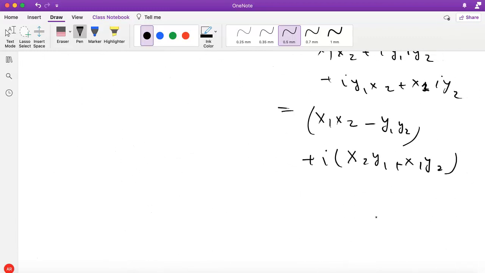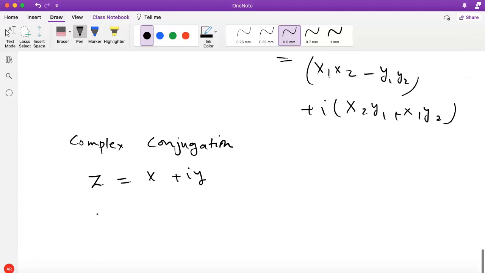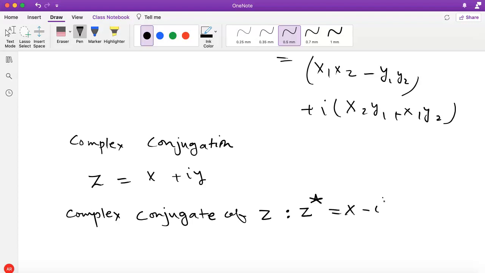Okay, so there's something called the complex conjugation. Again, if z is x plus i y, it has a real part and an imaginary part, then we define the complex conjugate of z, denoted by z star, as equal to x minus i y. So basically the complex conjugate of any real number is itself, and the complex conjugate of i is minus i.